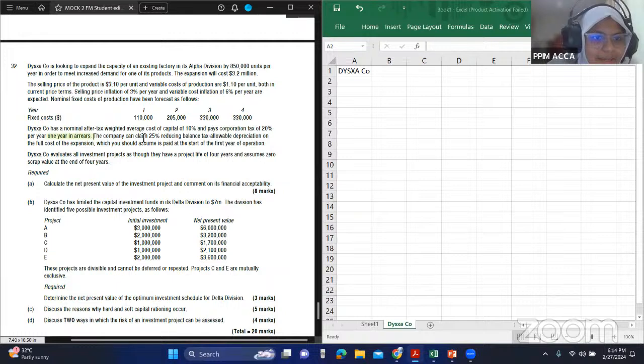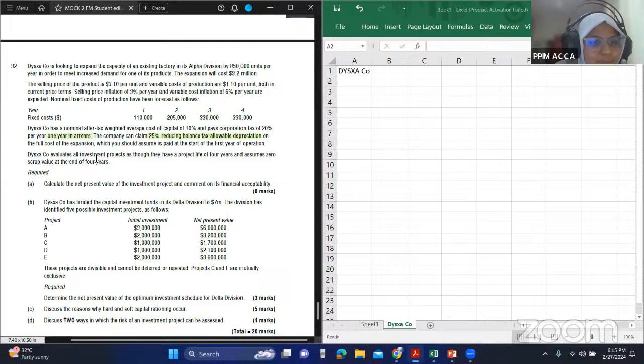The company can claim 25% reducing balance tax allowable depreciation on the full cost of the expansion, which is on the 3.2 million, which you should assume is paid at the start of the first year of operation. So this is this 25% tax allowable depreciation. We are assuming that it will start on the first year of operation. I'll talk about this when doing that adjustment.